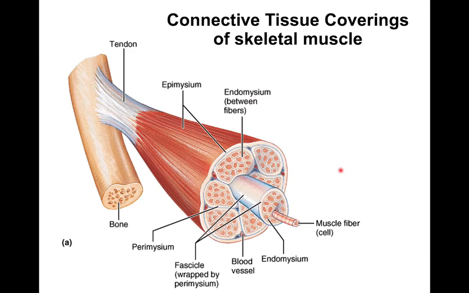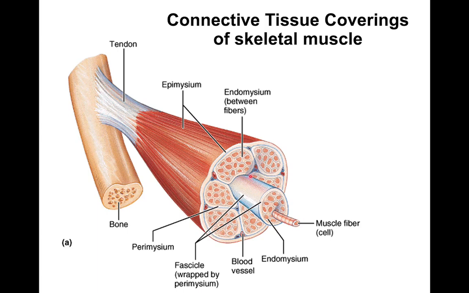Now let us see skeletal muscle in detail. First let us see the connective tissue coverings of skeletal muscle. Like peripheral nerve, skeletal muscle is also covered by three connective tissue layers. Most externally, the whole muscle is covered with a dense irregular connective tissue, which is known as epimysium.